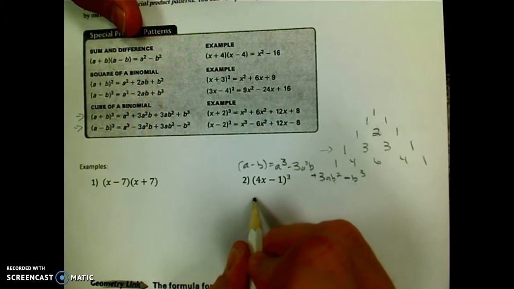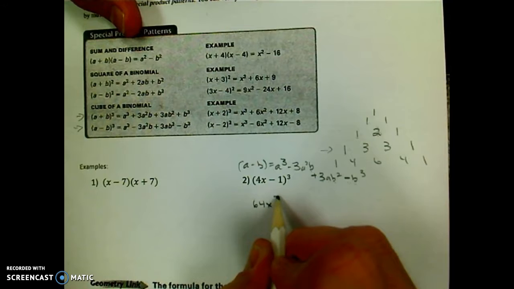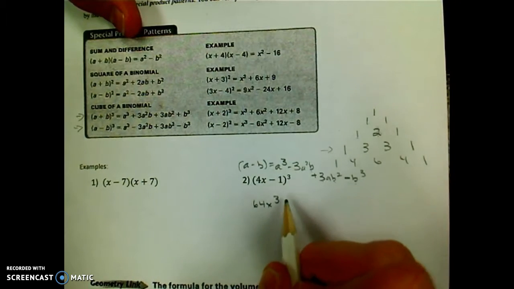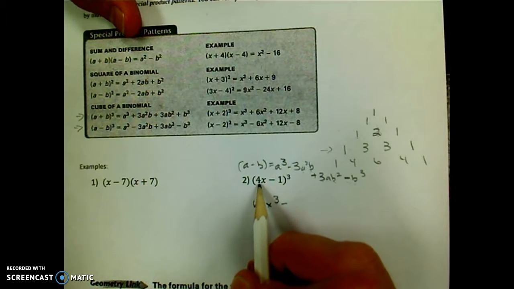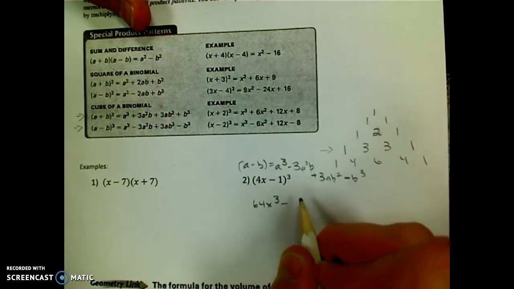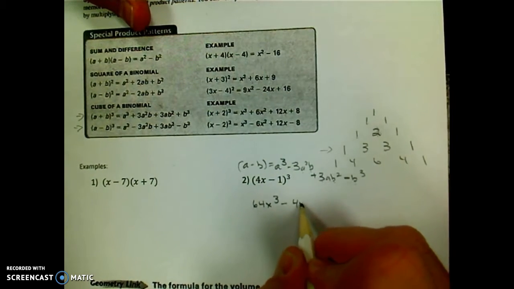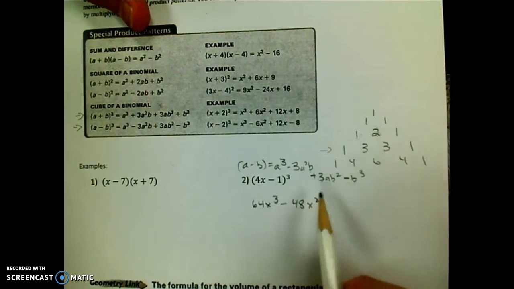So 4x, take that thing and cube it: 64x to the third power. I'm going to have minus 3a squared b. So a squared, 16x squared times 3 is 48x squared times b, which is 1. So minus 48x squared.